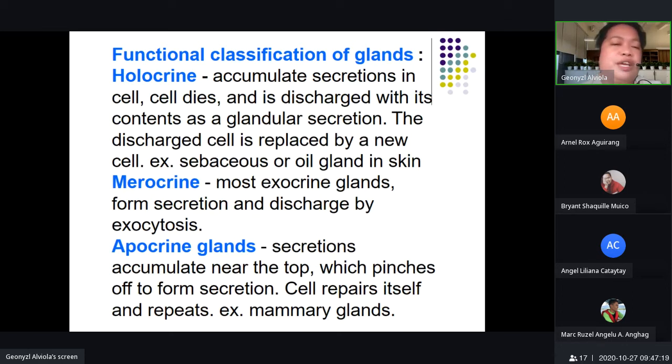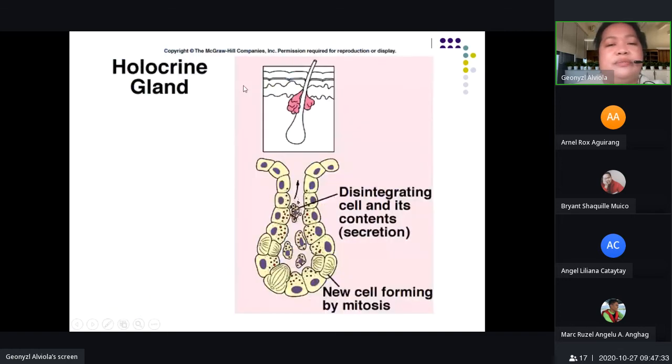it accumulates at the surface, then later on, a portion of it will be removed. So, an example is the mammary glands. An example of holocrine is the sebaceous and oil glands. So, this is a holocrine gland.